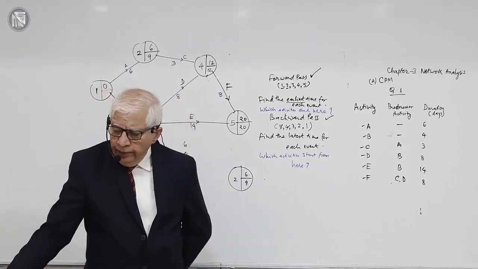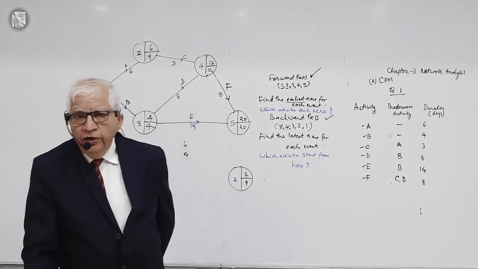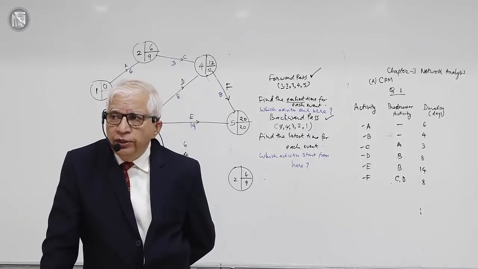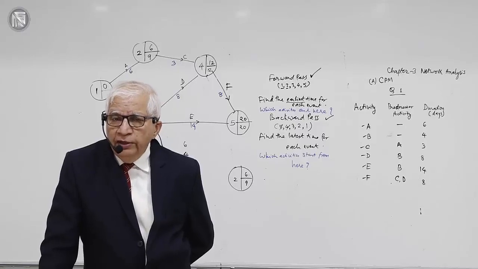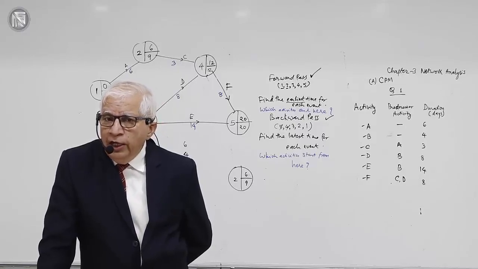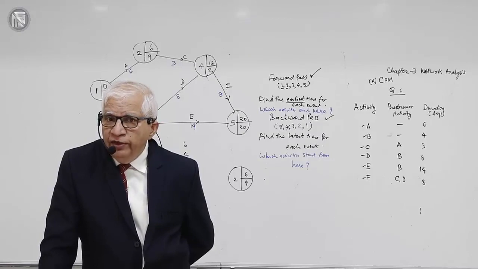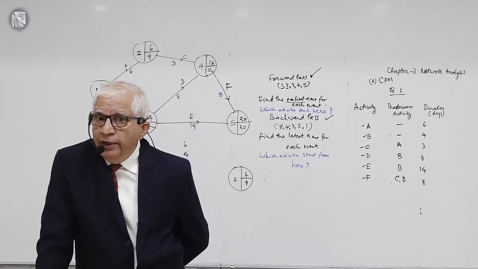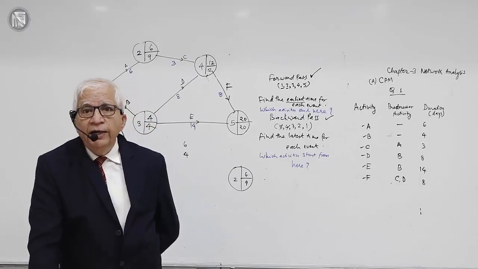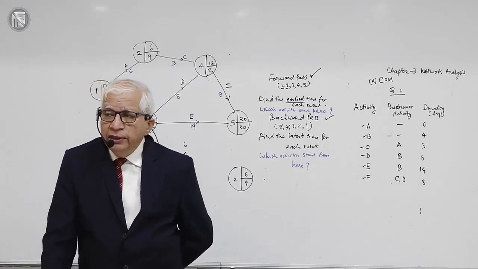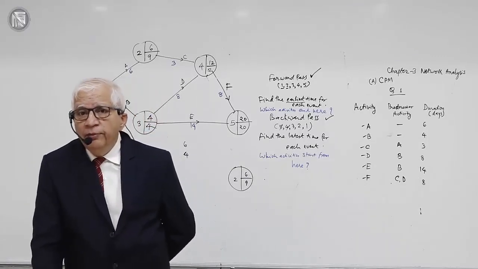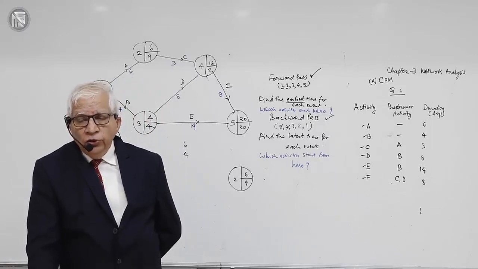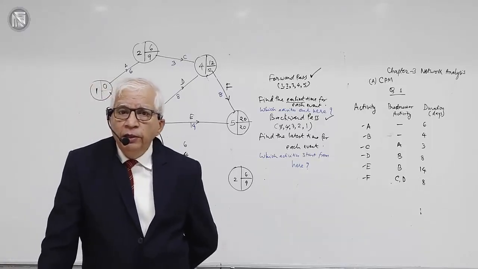That means there is some kind of freedom or flexibility associated with event number 2. That means 6 to 9, whether it is 6, 7, 8, 9, it is all right. This event can happen any time between 6 and 9, which means that there is some kind of freedom or flexibility associated with event number 2.